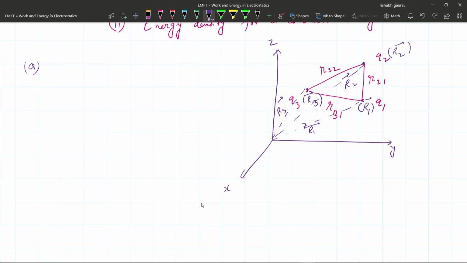So let us calculate the energy stored in the collection of Q1, Q2 and Q3 point charges, and eventually we will generalize it for n number of charges.